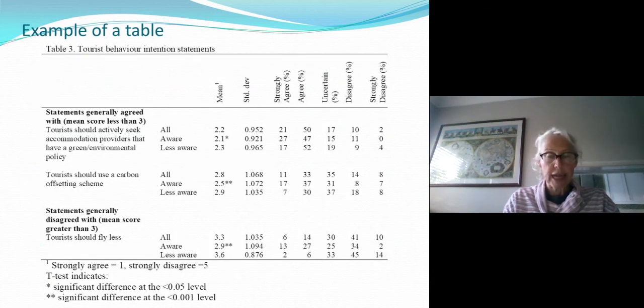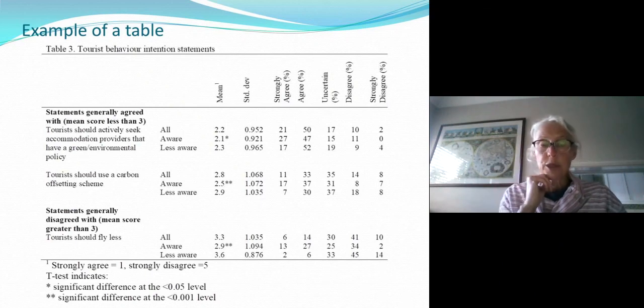This is quite a sophisticated table if we begin to look through it. Over on the left-hand side, these are tourist behaviour intention statements, and we've got 3 statements here. First of all, I've grouped these according to whether they are generally agreed with, where they have a mean score of less than 3, or statements that are generally disagreed with. So I've got 2 statements that they agree with and 1 statement which they generally disagreed with.